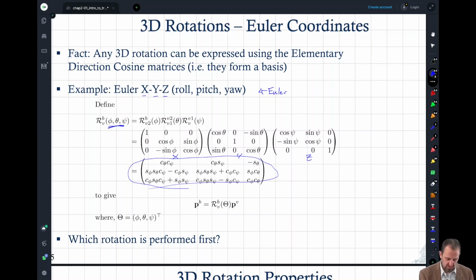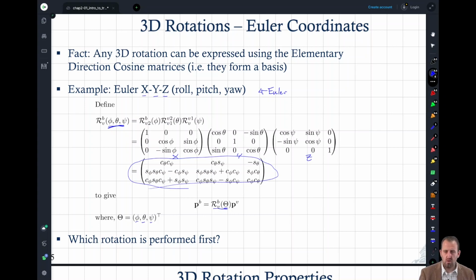And often we'll write this with that capital theta notation, and we'll just say that our rotation matrix is a function of our attitude. Okay, so this is really cool.